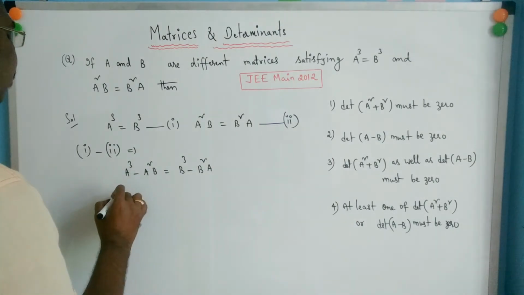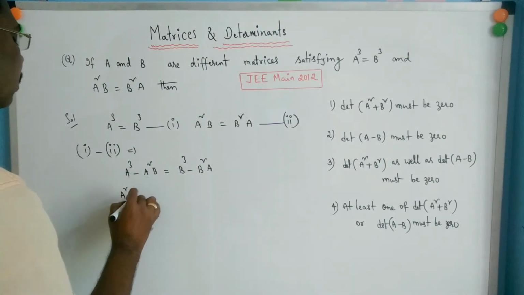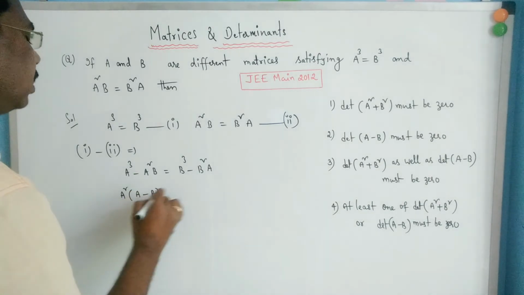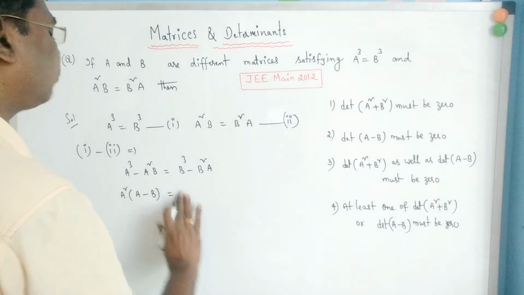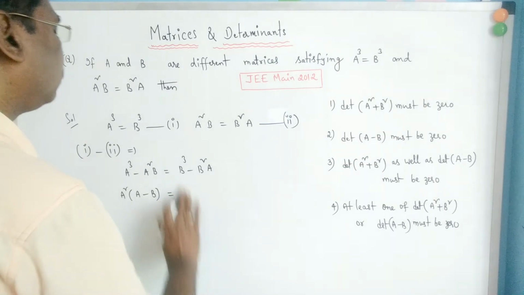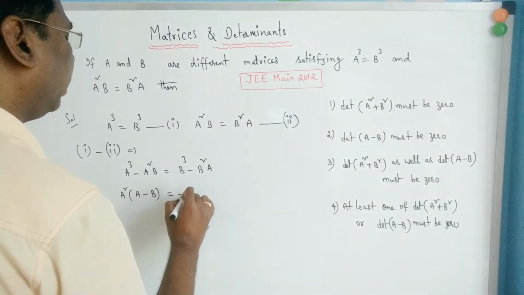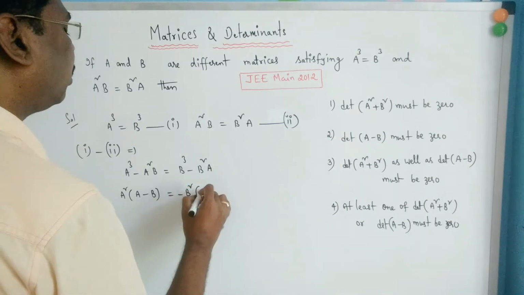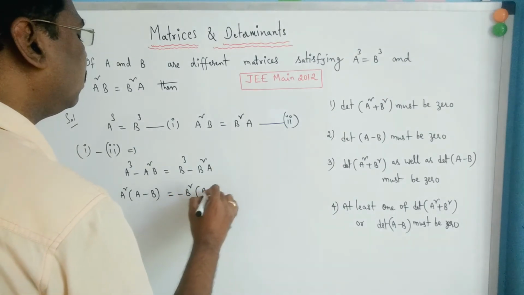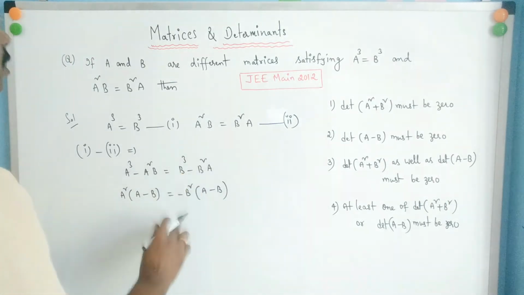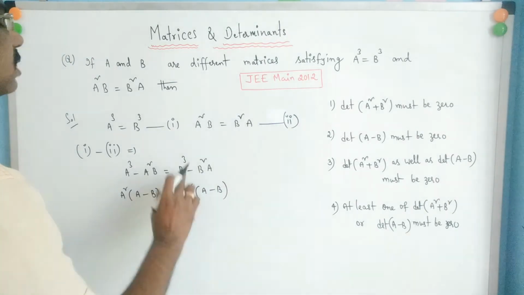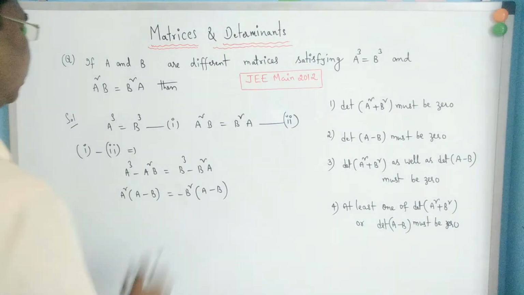Okay, now A square common, A minus B. Now minus B square common, A minus B. Minus B square A, minus of minus plus B cube, minus B square common.